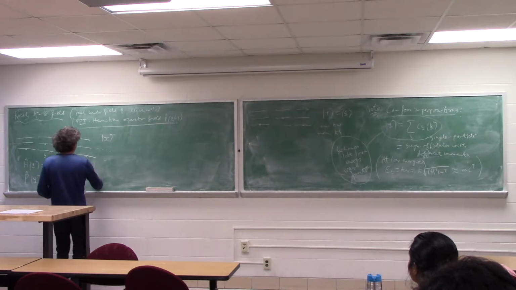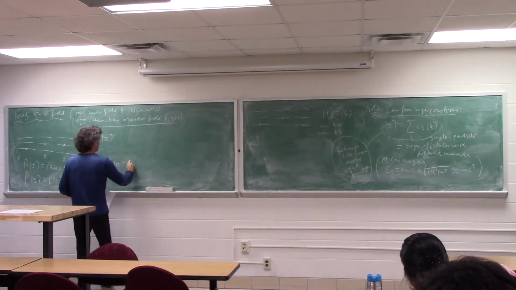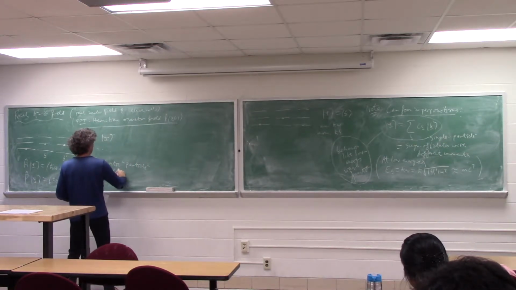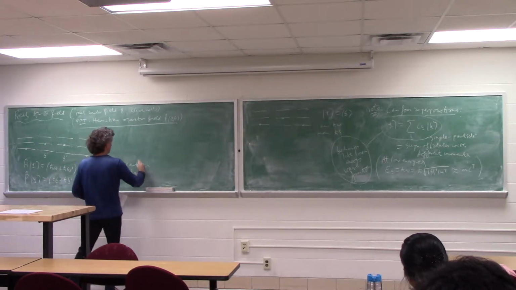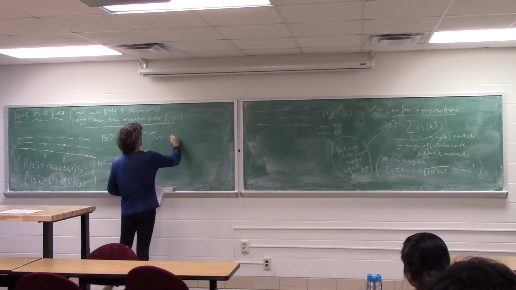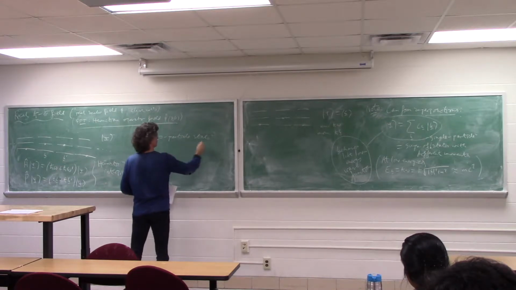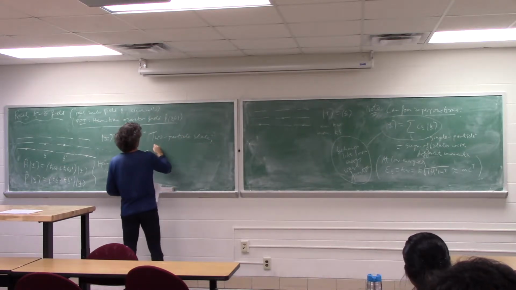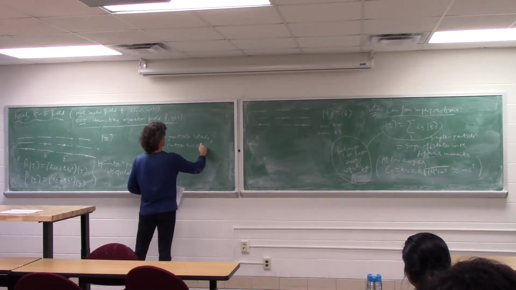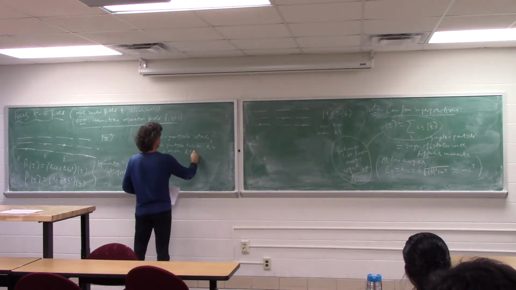The heuristic particle interpretation: what does it say? It says I have a two-particle state. So one particle has energy h bar omega and momentum h bar k.